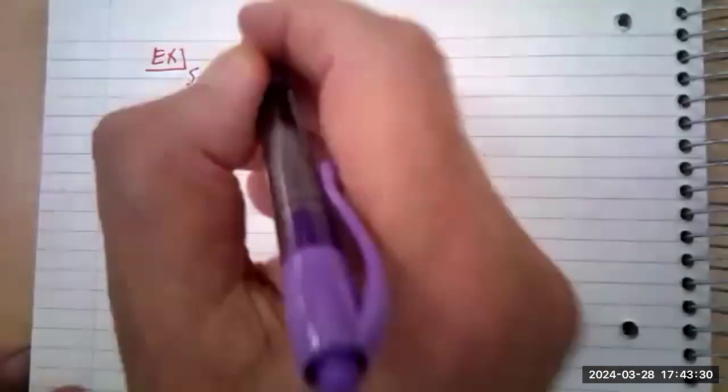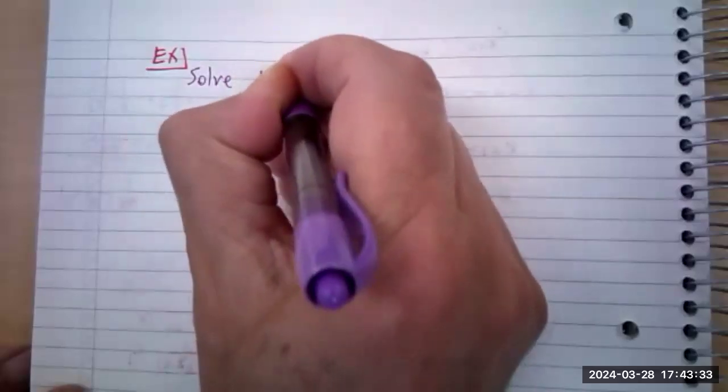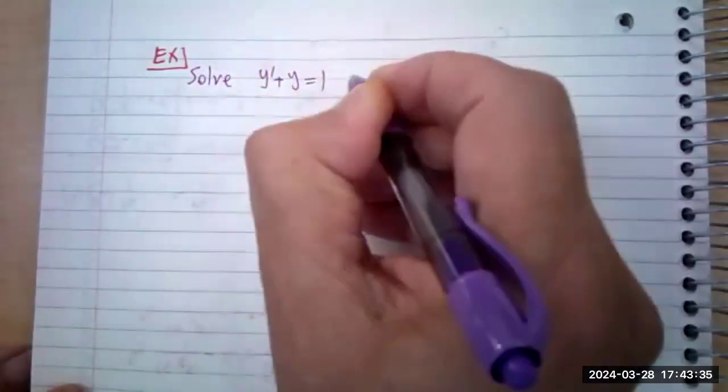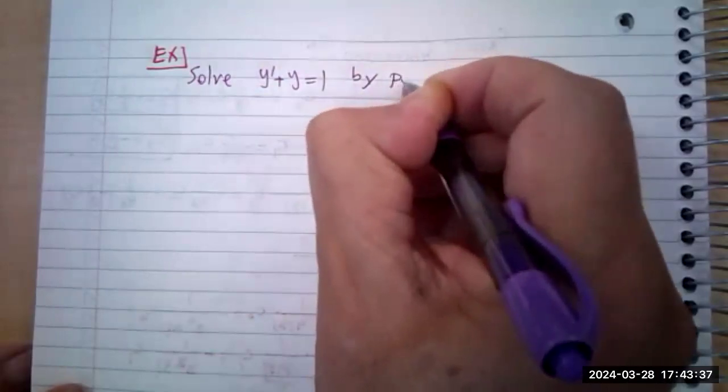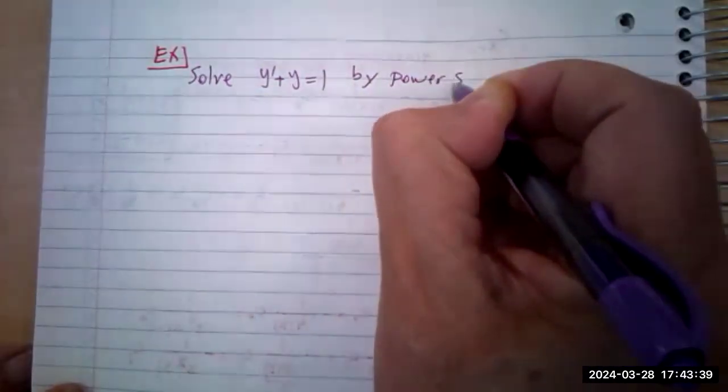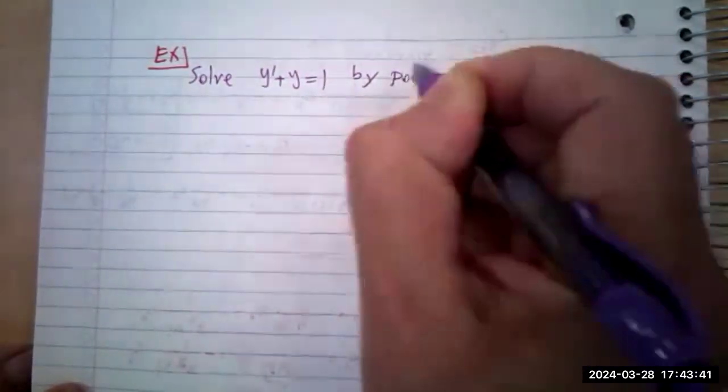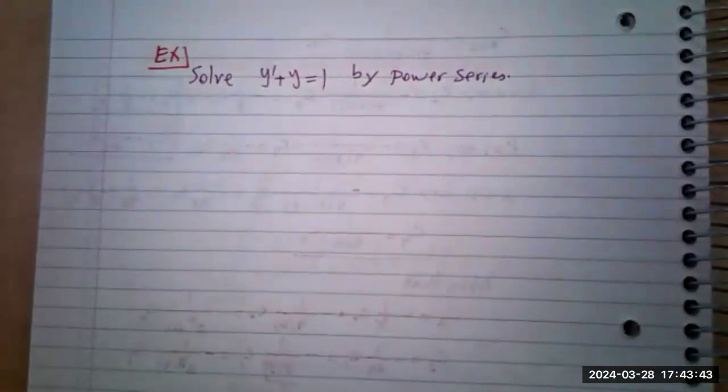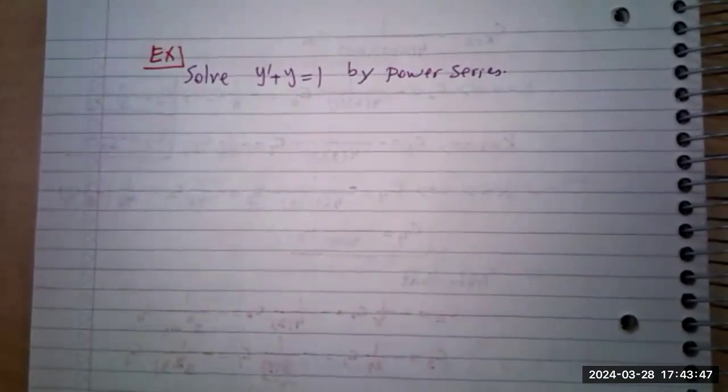We want to solve this equation: y prime plus y equal to 1. You can see it's a very easy equation to solve. It's a linear equation. But let's say you want to use the Taylor series to do it.